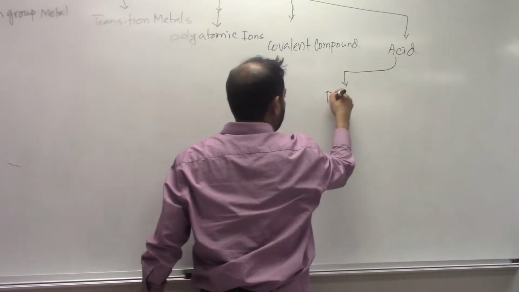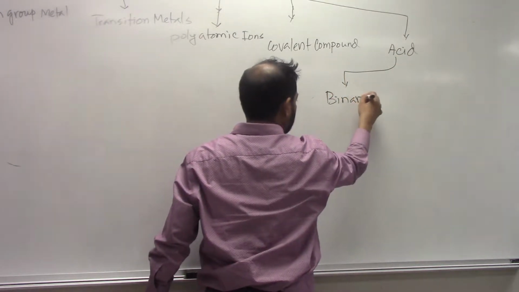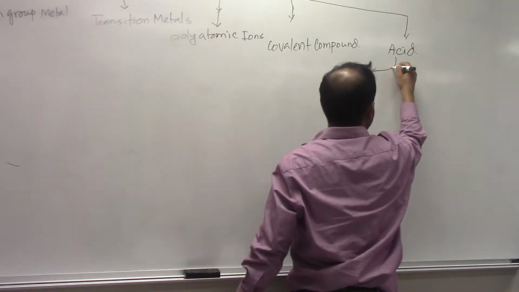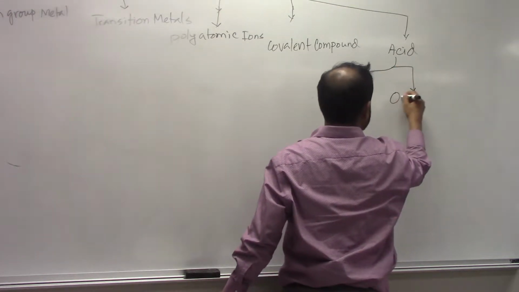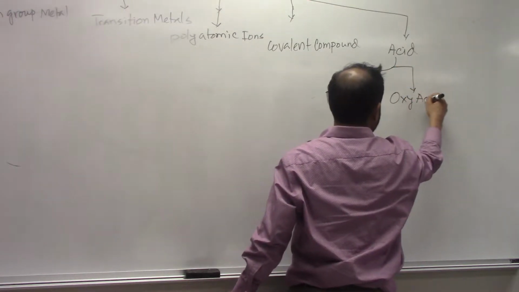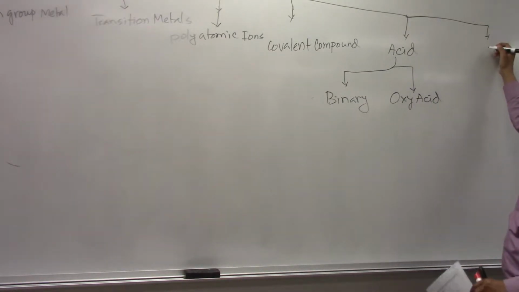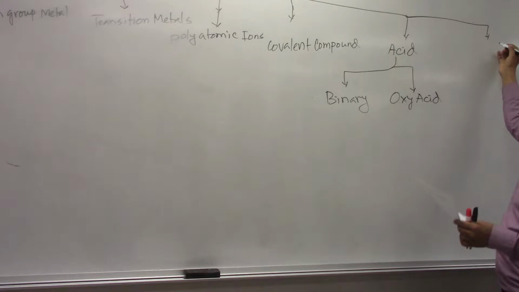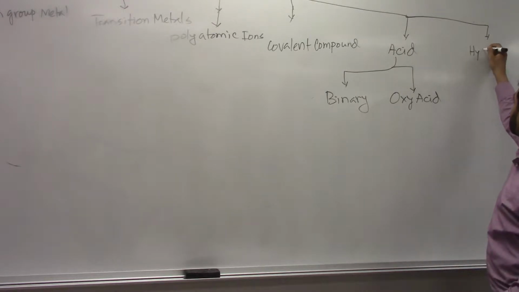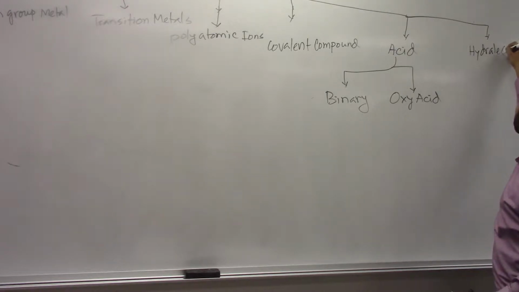One is binary acid, the other one is oxyacid. And the last type is called hydrated salt. These are the 7 types of molecule we can categorize.